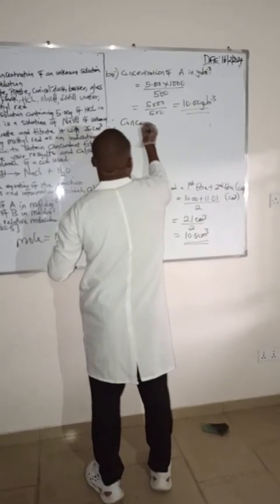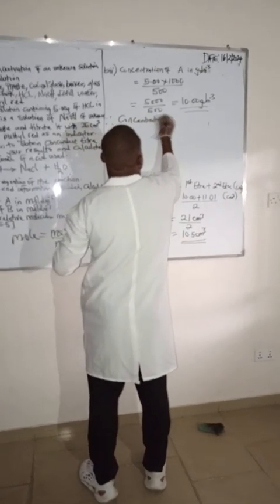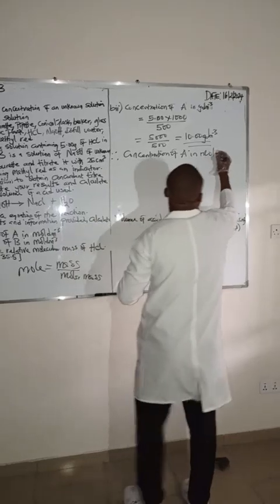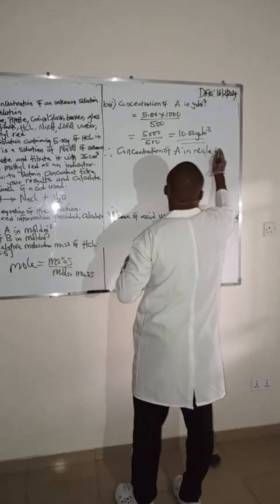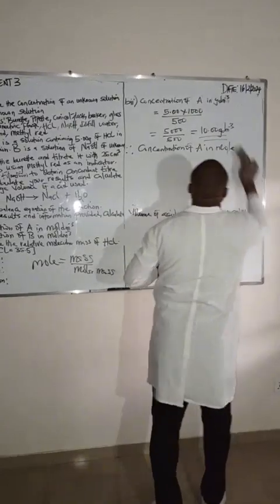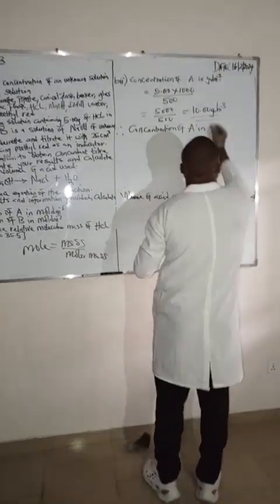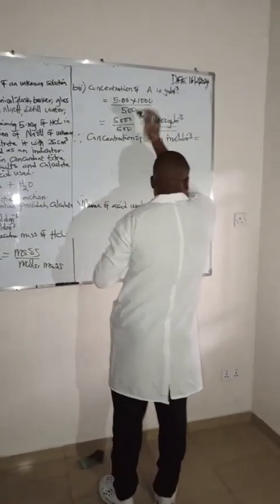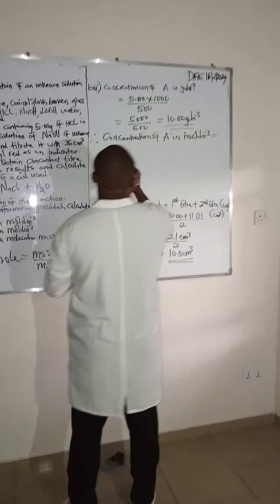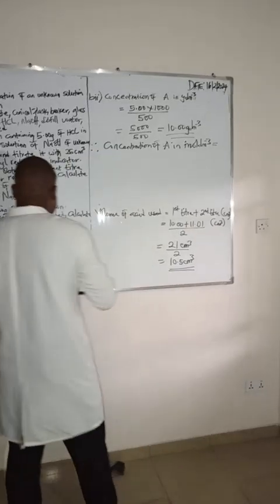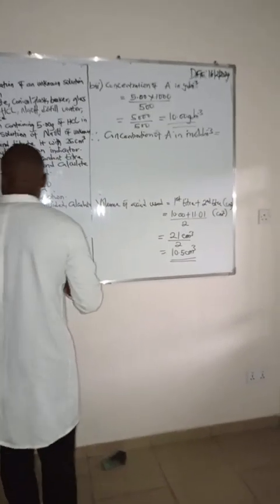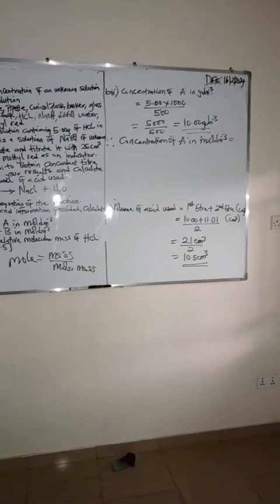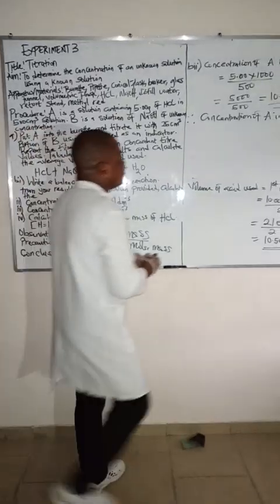So therefore, the concentration of A in mole per dm cube will be equal to... Now we will calculate the molar mass of the acid. What is the molar mass of the acid? From here we said H is equal to 1, chlorine is equal to 35.5.